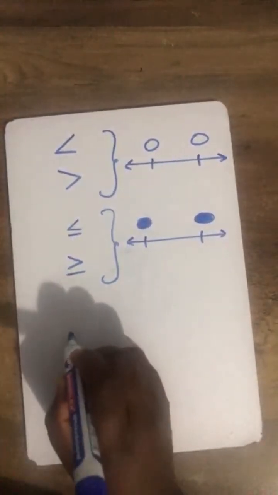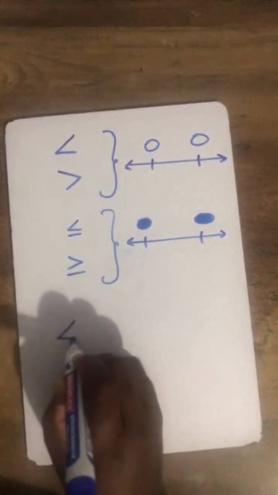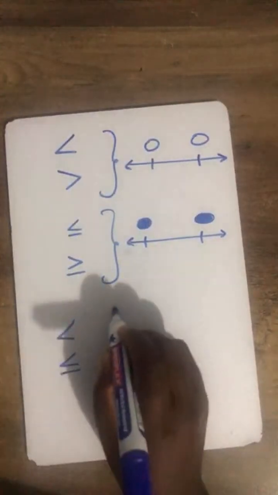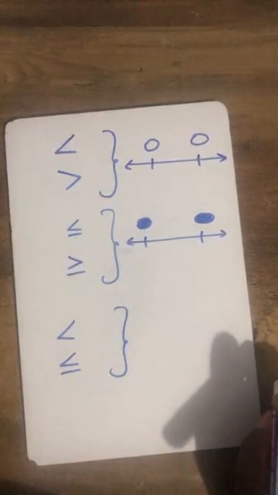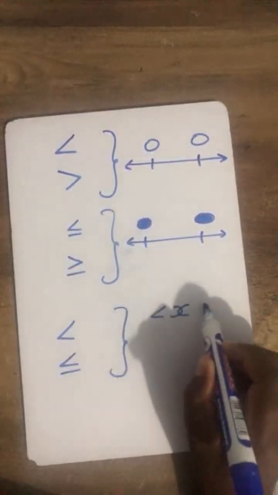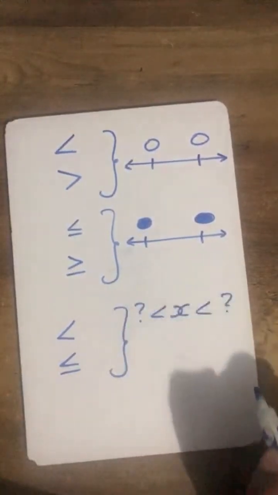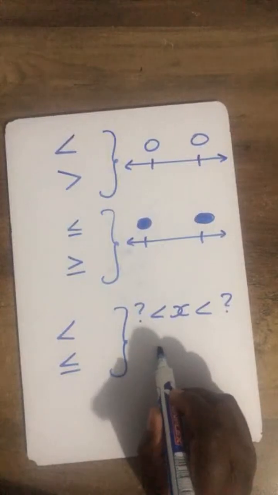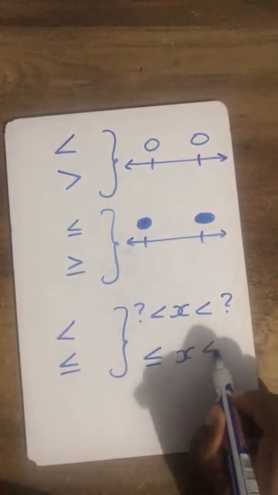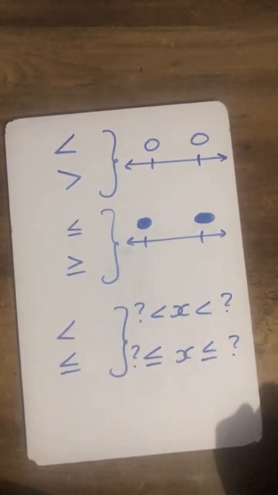And then I said if you are having less, or let's say less or equal to, generally this is how you would represent your answer. You will say x being between whatever and whatever. That's if you're solving for x. And then for this one, it would be x between whatever and whatever there.